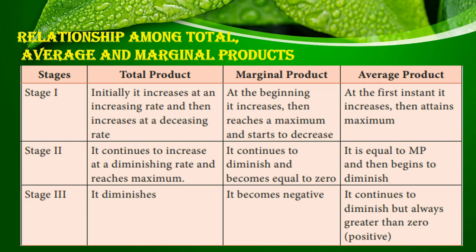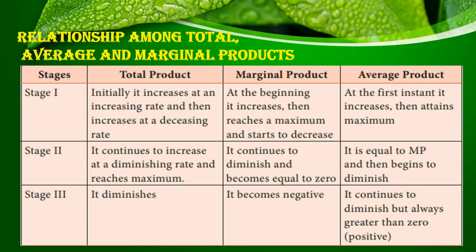So in the second stage it starts to diminish, whereas in the third stage total product totally diminishes. After reaching the maximum it starts diminishing. Marginal product reaches 0 and then becomes negative. Average product continues to diminish but is always greater than 0.